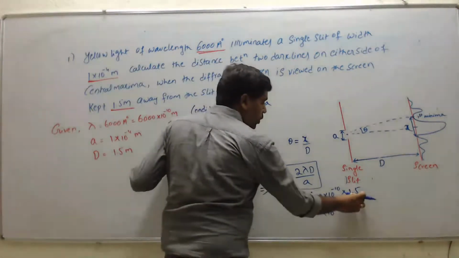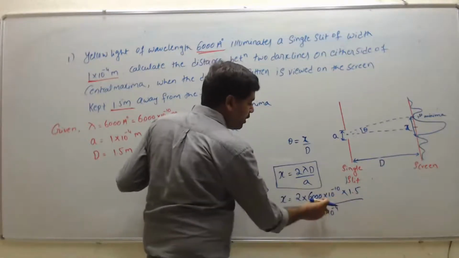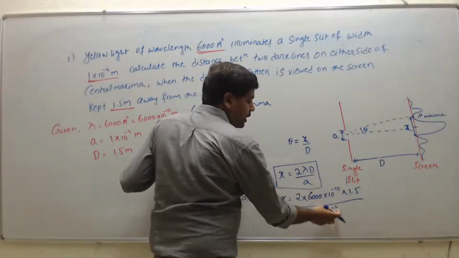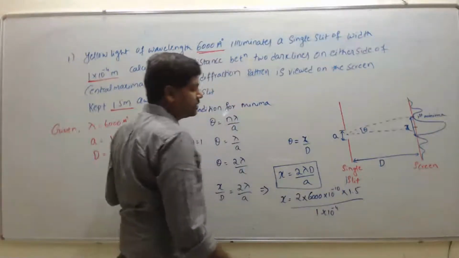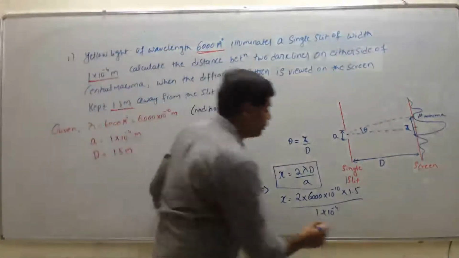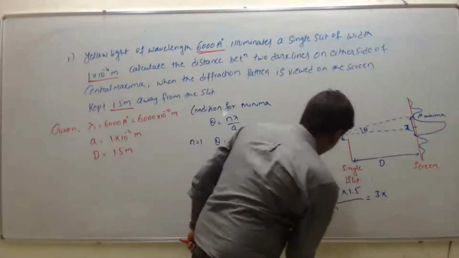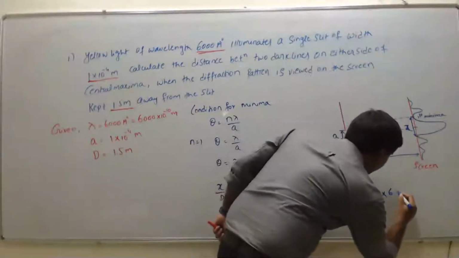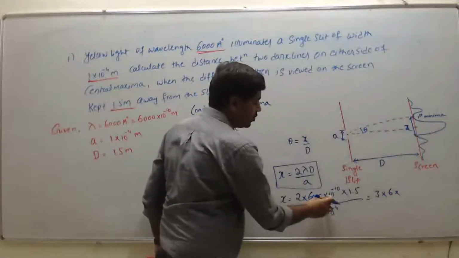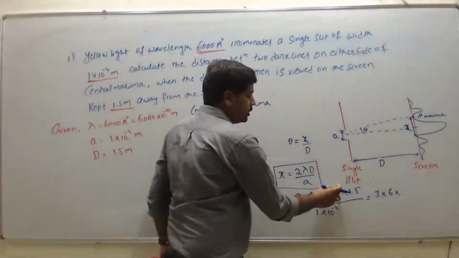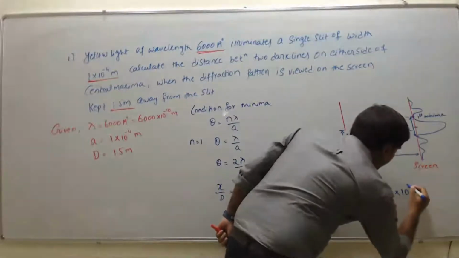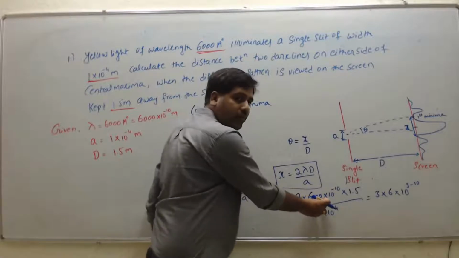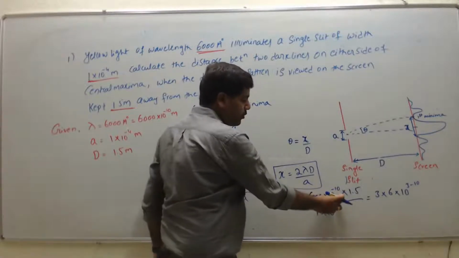So 2 into 1.5 we get 3. Here we have 3 zeros, so it becomes 10 to the power of 3, and 10 to the power of minus 10.